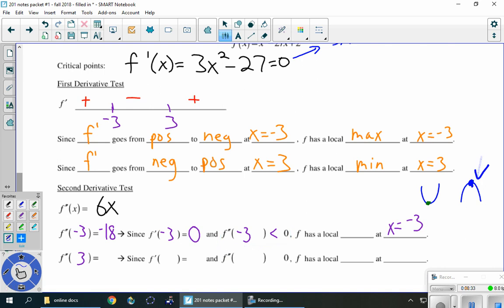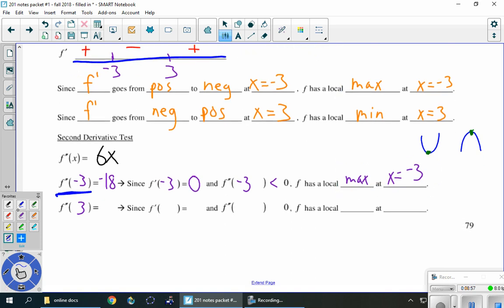So f has a local maximum at x equals -3. And notice that's exactly the same conclusion that we came to up here. Local max at -3. Still a local max at -3, but a wholly different way to think about it. We didn't do a sign test down below. We analyzed the sign of f double prime.